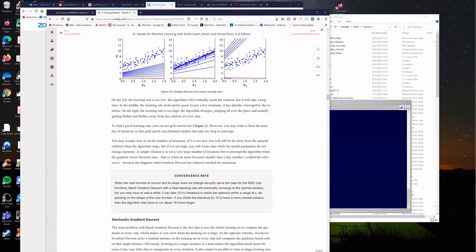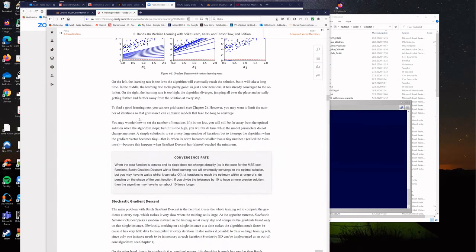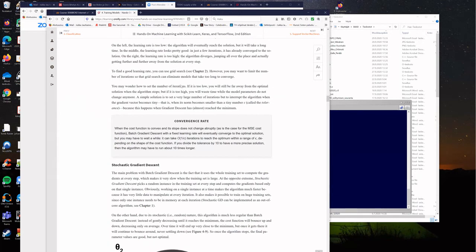And in the middle, the learning rate or the step size is good. And there are algorithms in scikit that can determine the suitable learning rate.